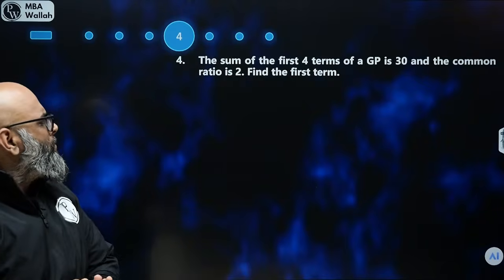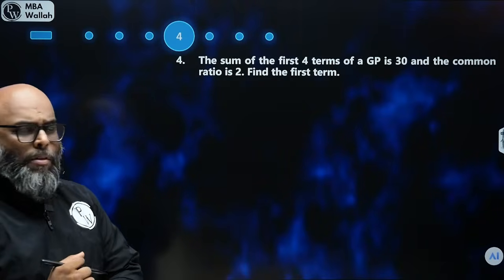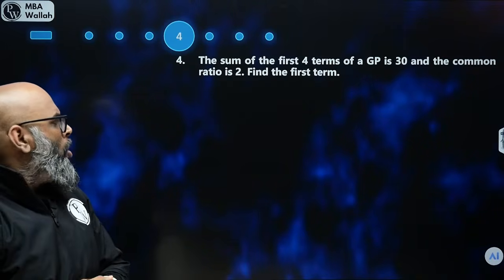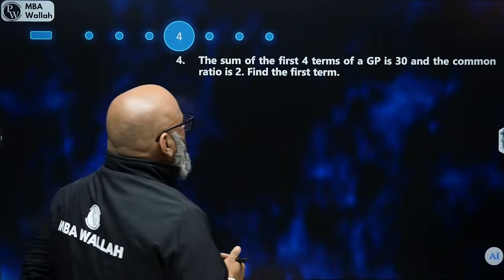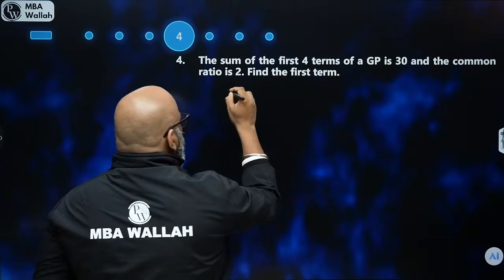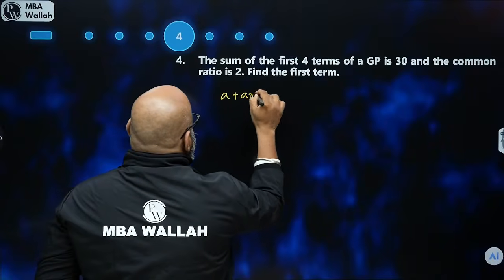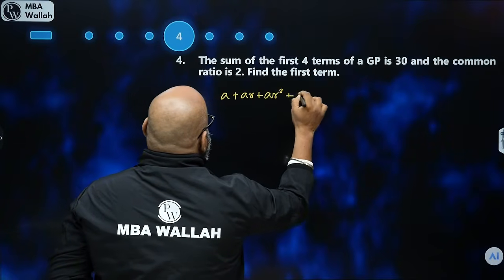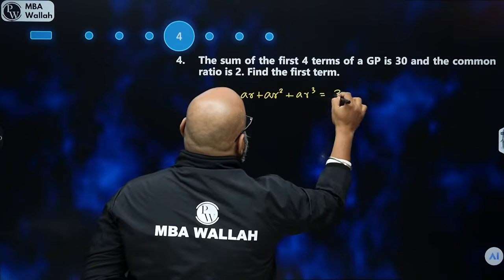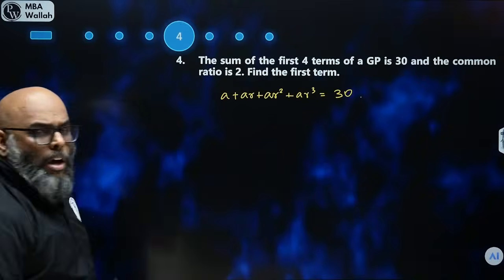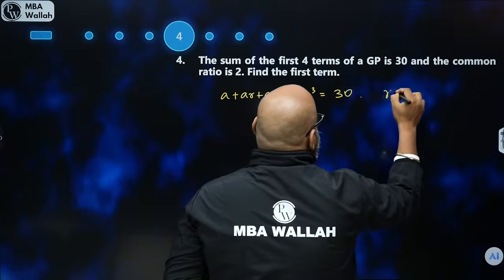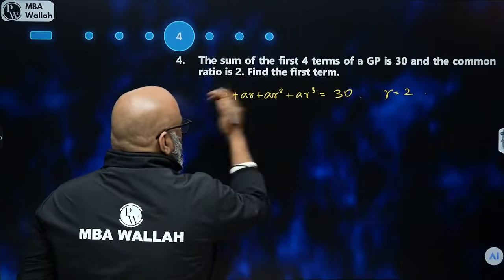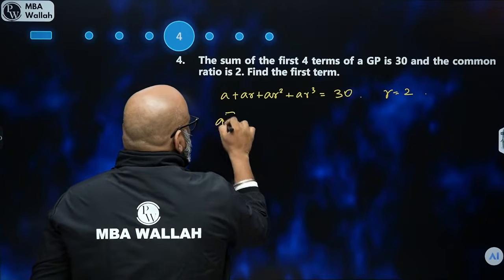Fourth one. The sum of the first 4 terms of a GP is 30 and the common ratio is 2. Find the first term. Sum of the first 4 terms of a GP, A plus AR plus AR square plus AR cube is equal to 30. And the common ratio is 2. So R is equal to 2. Let me take the A common.